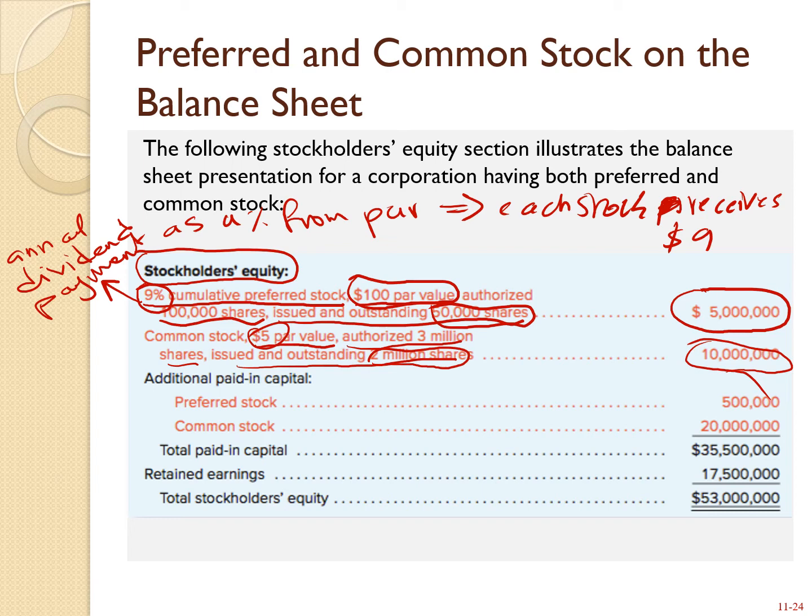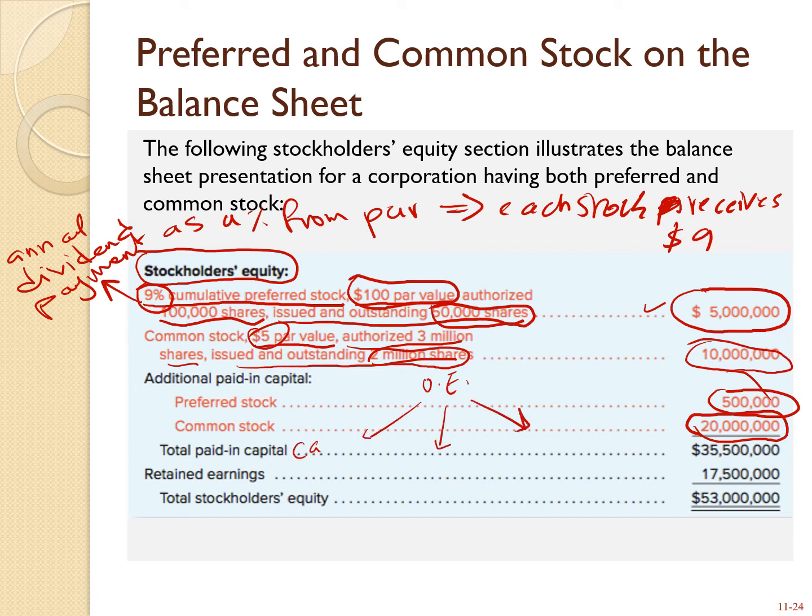Additional paid in capital, we have $500,000 for the preferred stocks, and for the common stock, it's $20 million. So the total paid in capital for preferred and common is $35,500,000. Add to that retained earnings, $17,500,000. In total, stockholders' equity is $53 million. Those numbers that we've been discussing in this slide are all given. So I just want to remind you that under stockholders' equity, owner's equity, we have three things now.